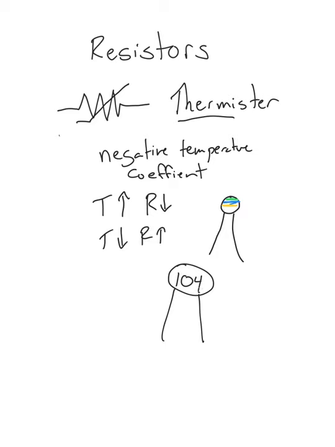What that number tells you is the value of the resistor in the same way that the color code does: the first 2 numbers give me the first 2 digits. So I have a 1 and a 0, and the 4 is the multiplier. Add 4 zeros. So in that case, a 104 would be a 100,000 ohm thermistor. The 100,000 is its resistance at room temperature. As its temperature then increases, its resistance would drop from 100,000.